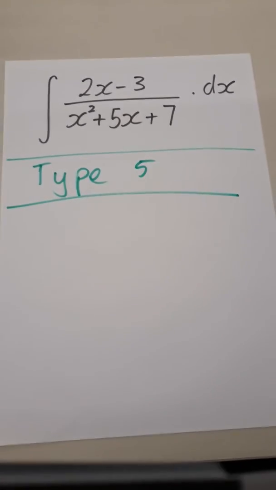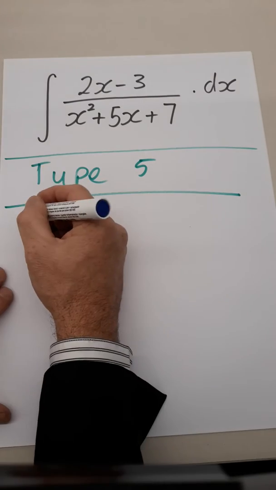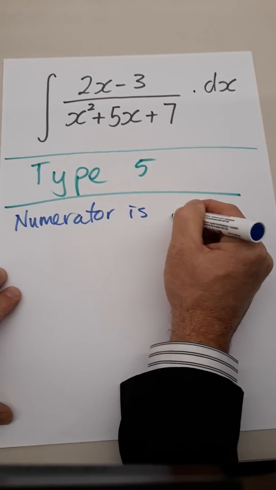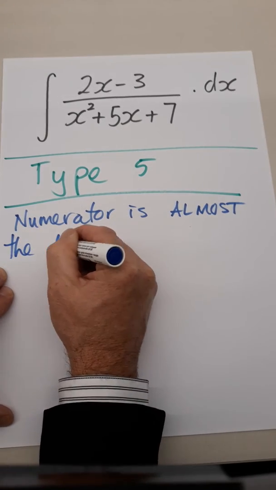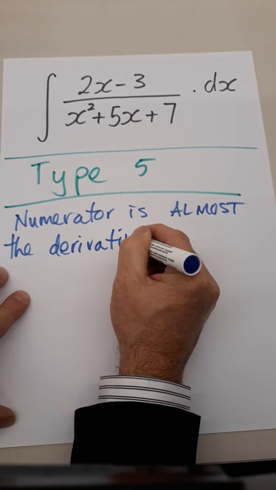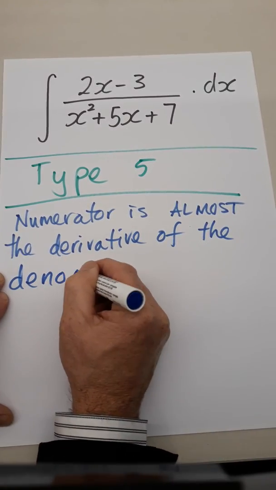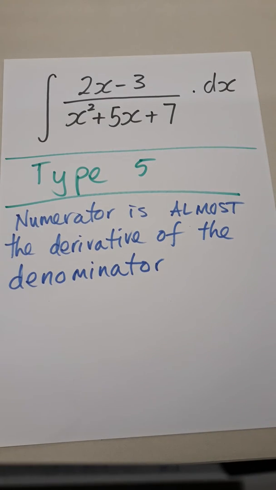It's where the numerator is almost the derivative of the denominator. It's pretty close. So we will make it be the derivative of the denominator and see what comes of that.